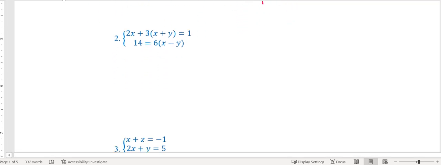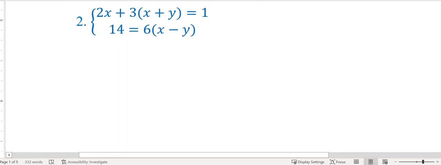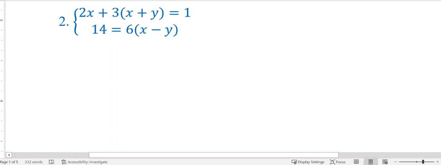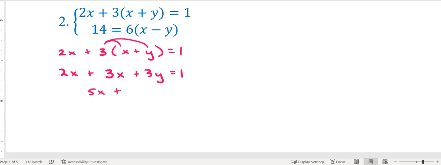All right, for number 2, it's not in the right form. They're going to make us work for it. So here, 2x plus 3x plus 3y equals 1, we need to get that in standard form. Collecting like terms, 2x plus 3x is 5x plus 3y equals 1.